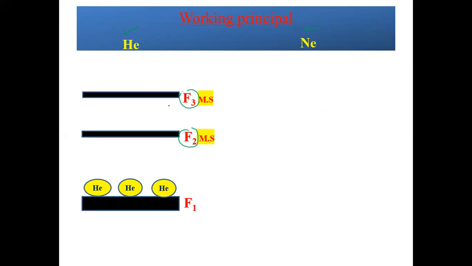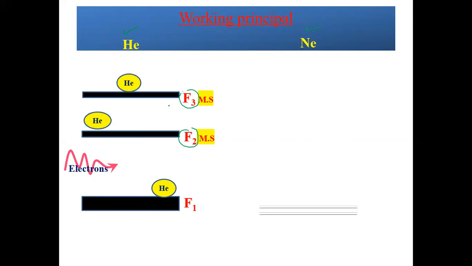By switching on the DC power supply, the accelerated electrons are incident on ground state helium atoms. Then they collide with each other, and they transmit energy to the helium atoms and excite them to the excited states F2 and F3.